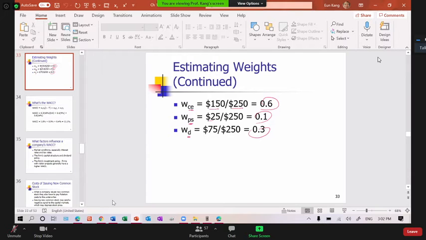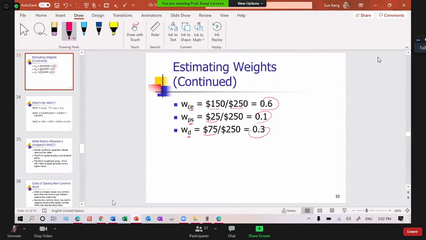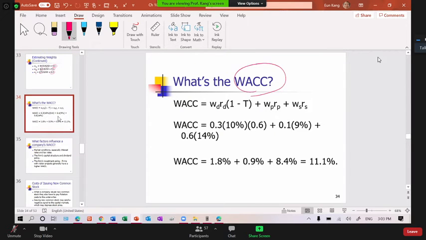We did market weight, right? Market weight, and we assume other ones are just market. Then the famous weighted average cost of capital. So those weights are current market weight.